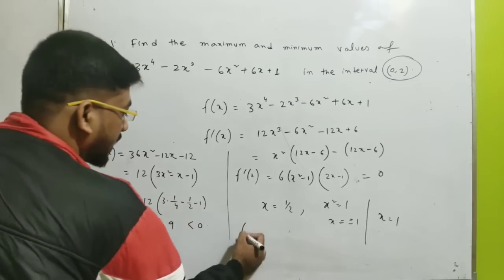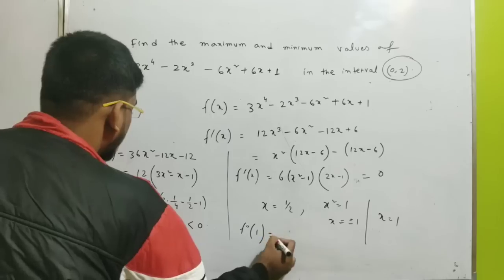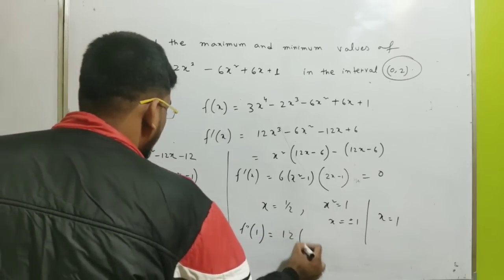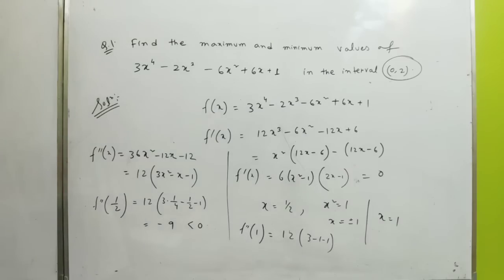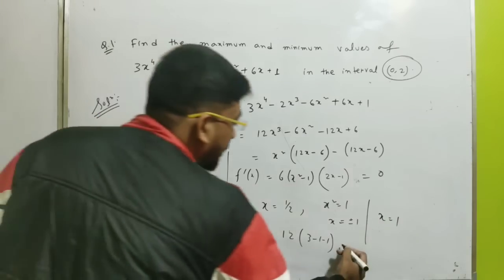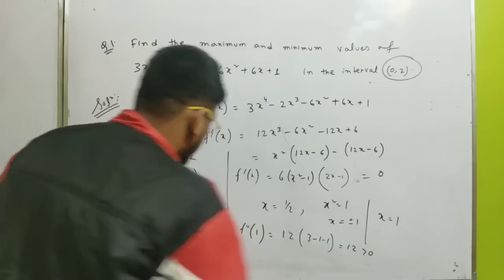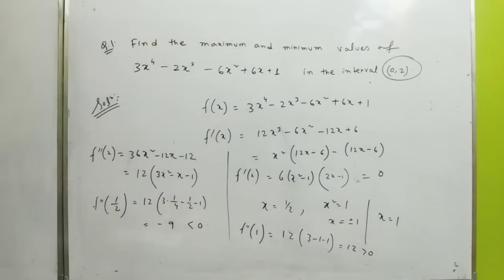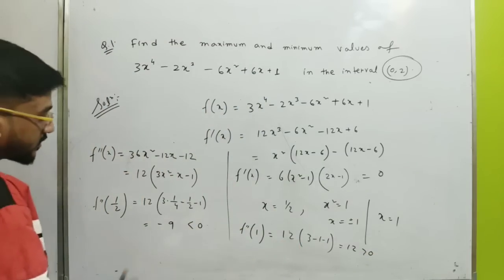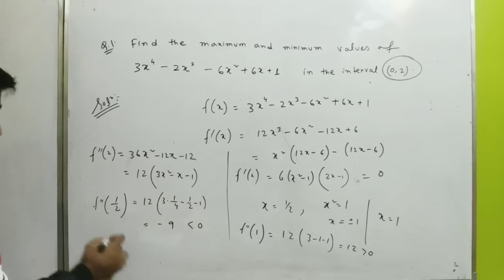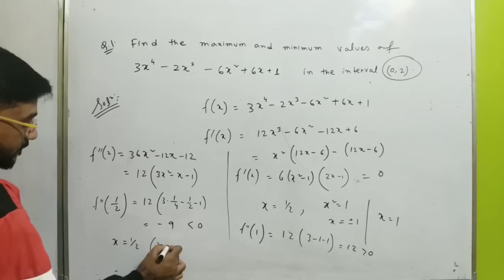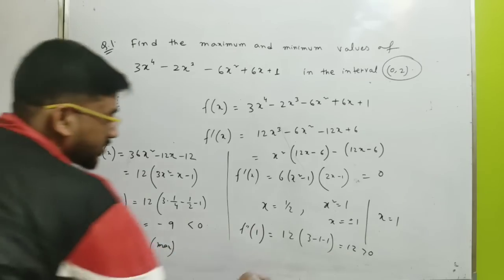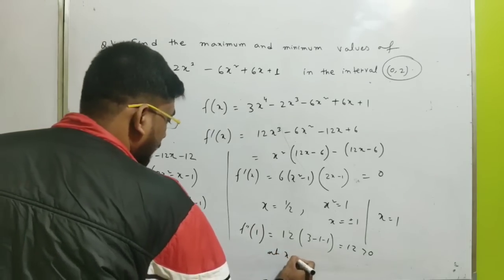And if we take f double prime 1, then it will be 12 into 3 minus 1 minus 1, so that will be 12, obviously greater than 0. So f double prime of half is equal to minus 9, less than 0. It means at x equal to half it has a maximum value, and at x equal to 1 it has a minimum value.